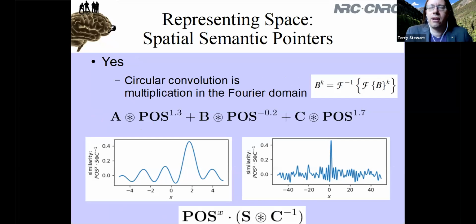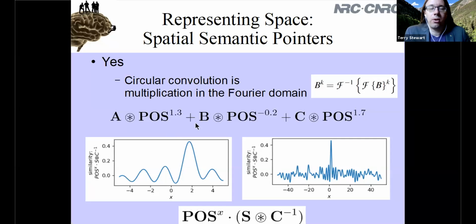You do the Fourier transform of your number, and then you do multiplication. So if you want a continuous version of that, just do the Fourier transform, do an exponent in the Fourier space, and then do the inverse Fourier transform. That would be exactly the continuous version of what we'd already been doing.